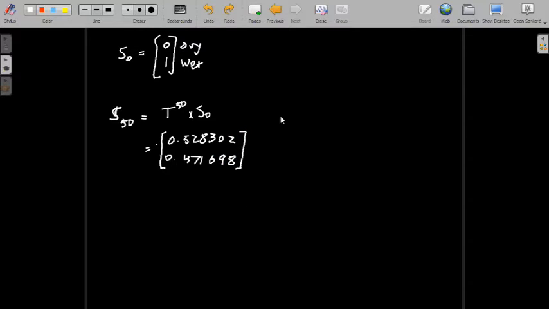And so once you've done that, you need to just confirm that it is in its steady state, which means we need to do one more, so 51. And if we do that, we should get the same answer.